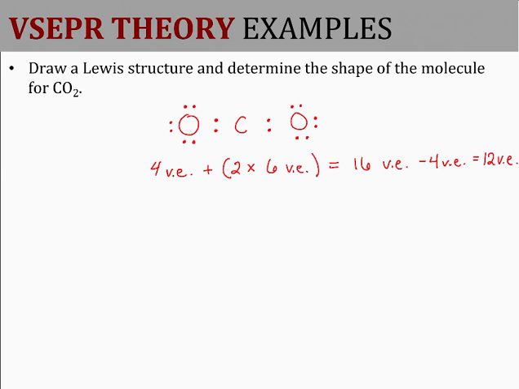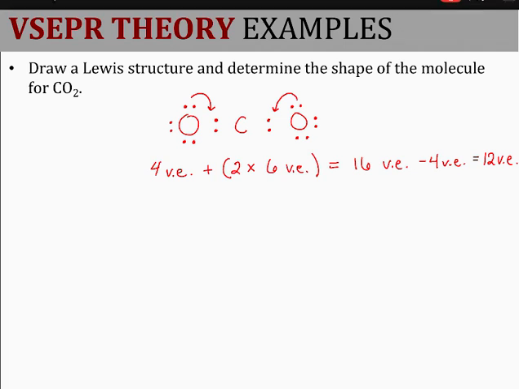So we used up all of our electrons, and both oxygens are happy. They each have 8 electrons, but carbon only has 4 electrons. So we're going to move electron pairs down from each oxygen so that we can give carbon 8 total electrons.